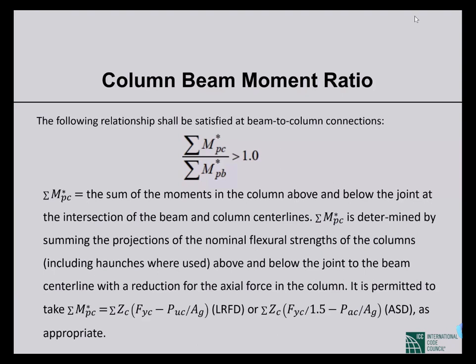So it is permitted to take, okay, the formulas are given. So here again, you see, while considering the capacity of columns, we are not considering the reserve strength. But when we have to consider the connections, say, the panel zone, those critical elements, we will design considering the reserve strength of the column, considering the reserve strength of the beam.